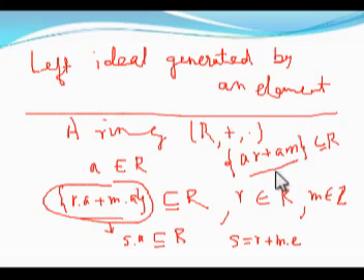So these are the definitions of left and right ideals generated by a single arbitrary element a. This is the right ideal and this is the left ideal.